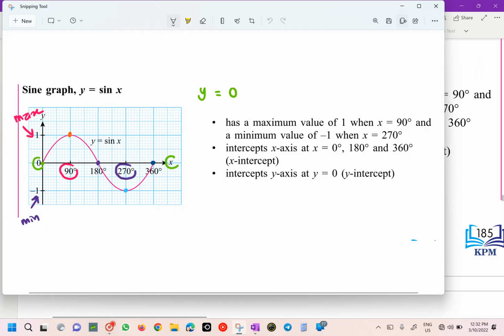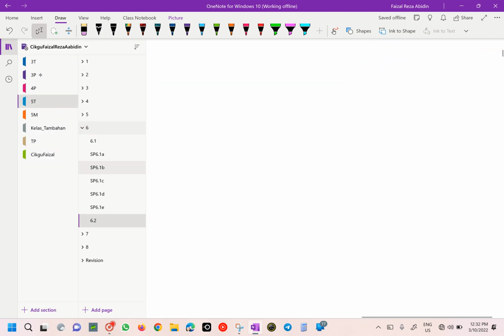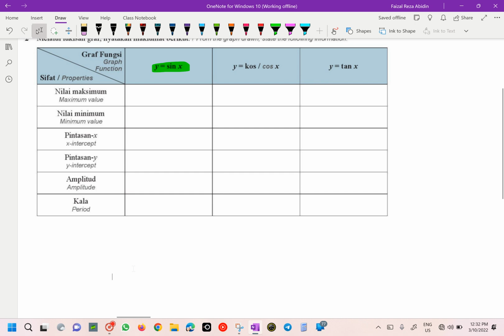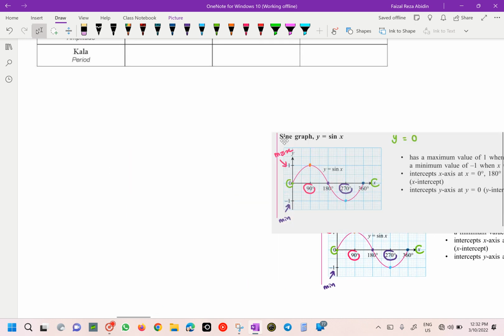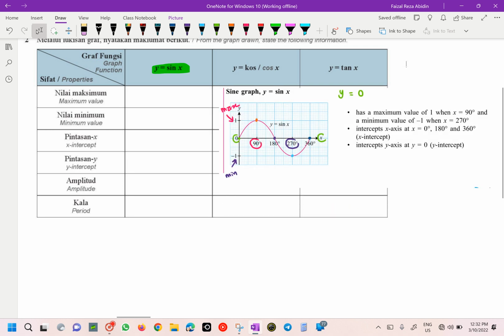I'm going to put it in our Nilam book. You got it already in your textbook. This one I'm going to show you how we are going to look from our graph here to fill in our Nilam book here. Okay.